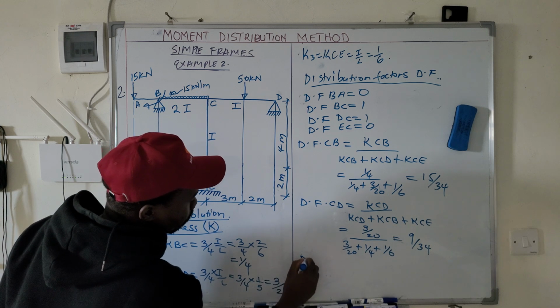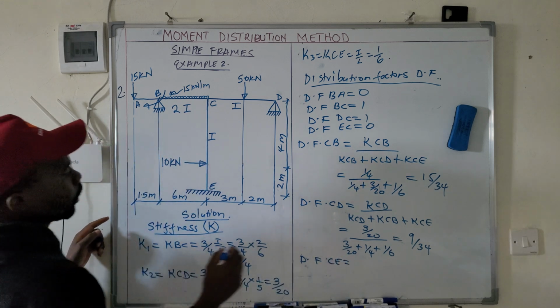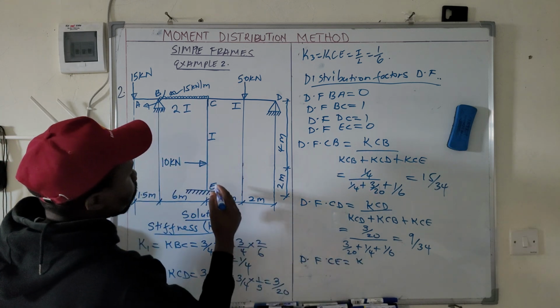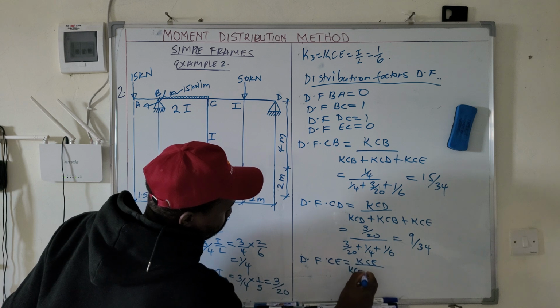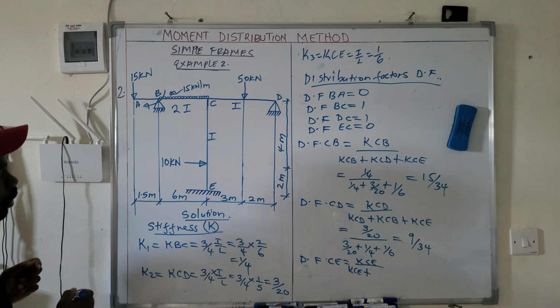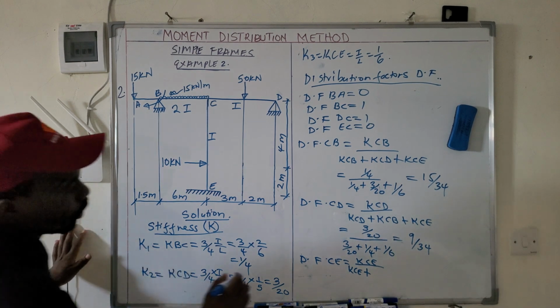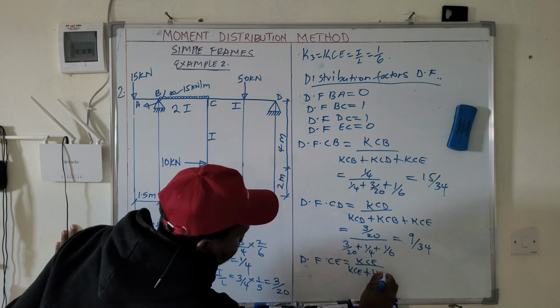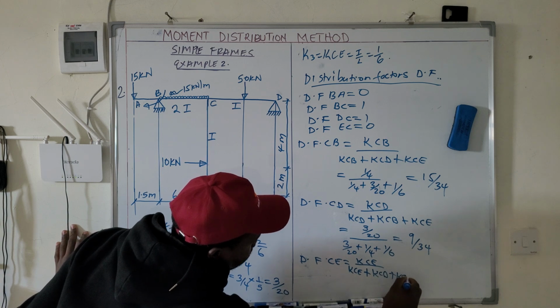We proceed to the distribution factor CE. So this one will be KCE over KCE plus KCD plus KCB.